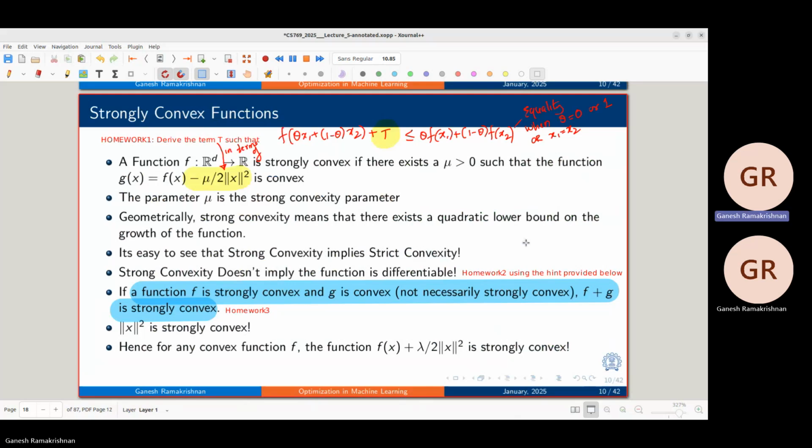So this is strong convexity, and this implies strict convexity. Why does it imply strict convexity? Since T will be greater than 0 unless x1 equals x2. This is the key point. So that's homework 1. Is this clear?